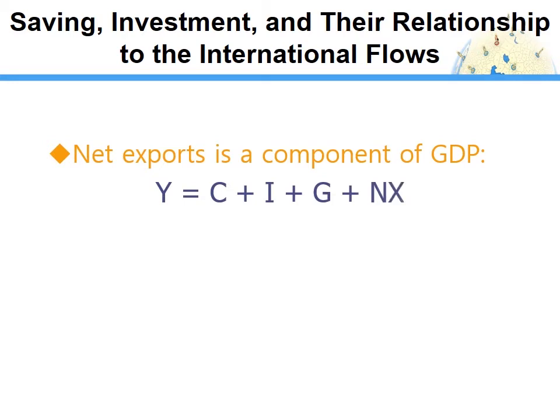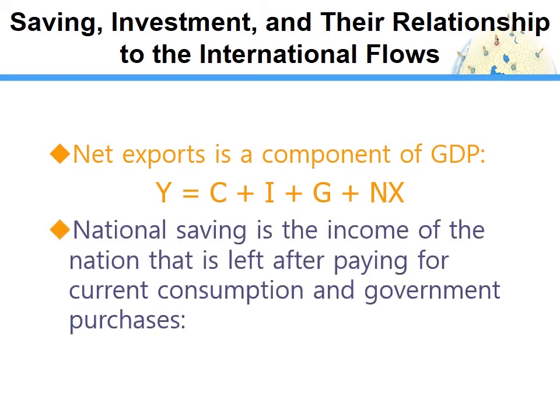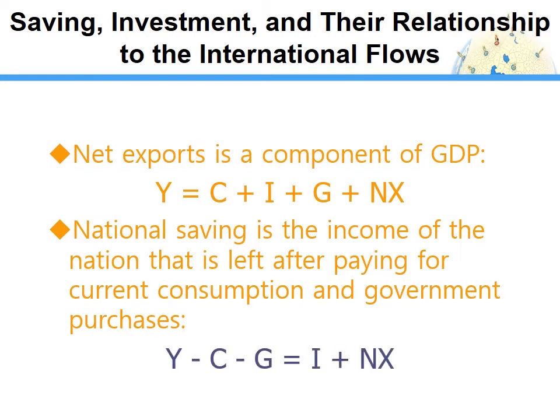Net exports is a component of GDP. Y is equal to C plus I plus G plus NX. And national saving is the income of the nation that is left after paying for current consumption and government purchases.